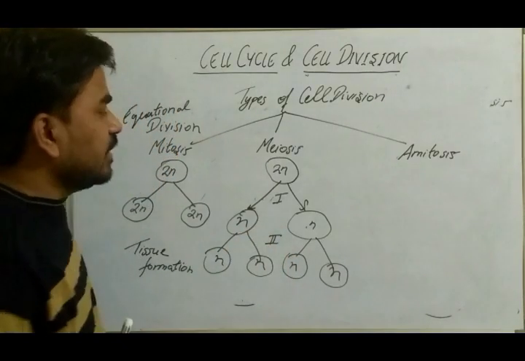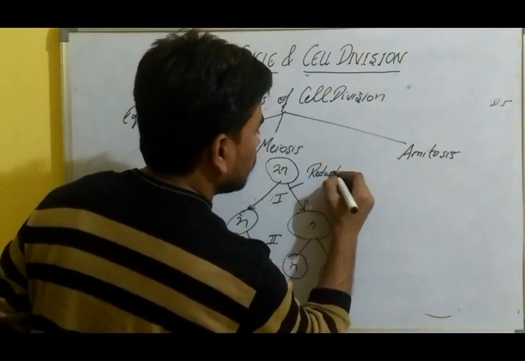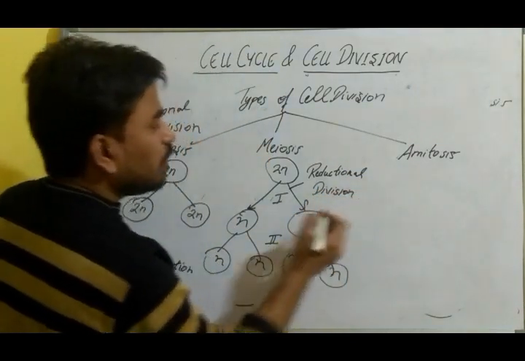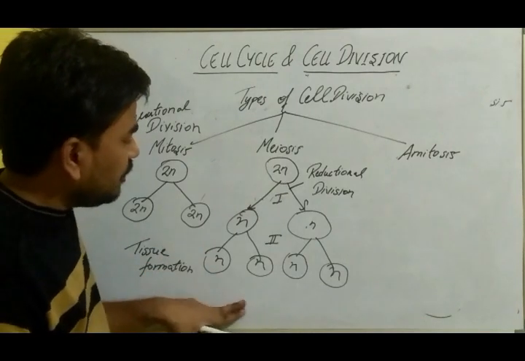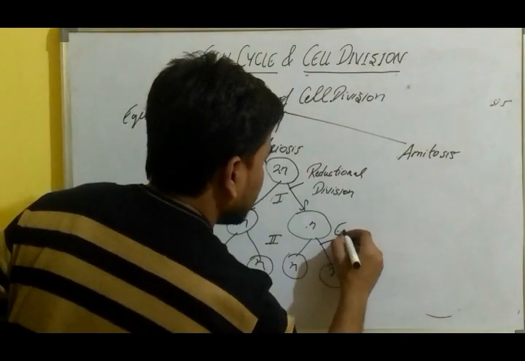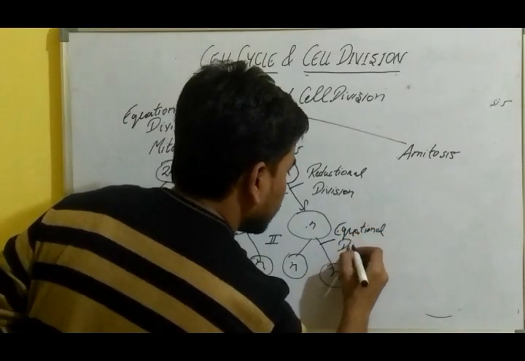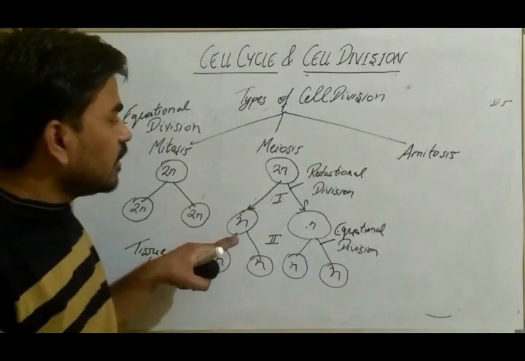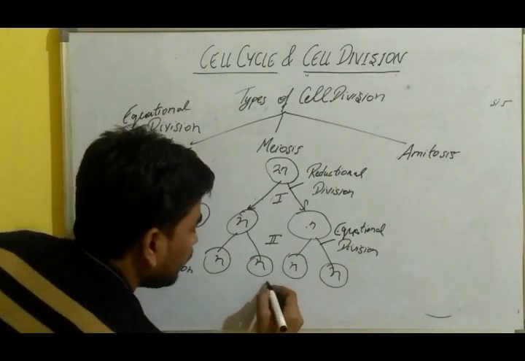The first stage is called reductional division, because the diploid cell is dividing and the chromosome number is reduced to half. And the second stage is equational division, because from the first phase to the second phase, the number of chromosomes remains equal. This happens in gamete formation.